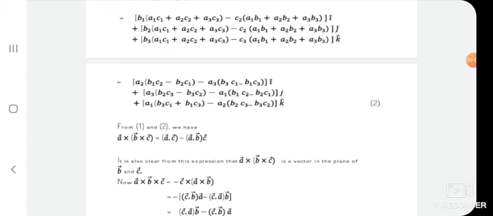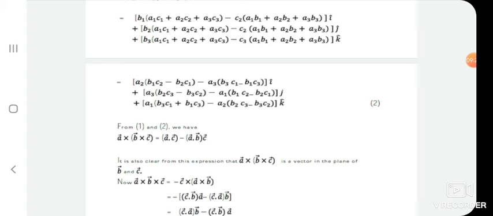because the A2 B2 C2 terms from the i term get cancelled. Next, A2 B2 C2 also gets cancelled from the second term.